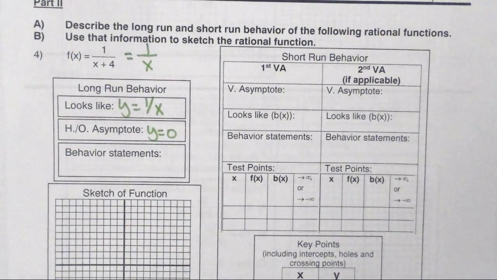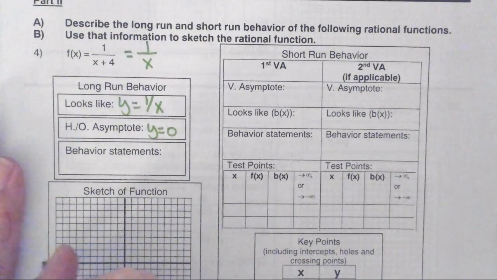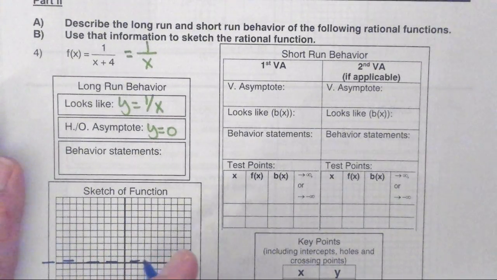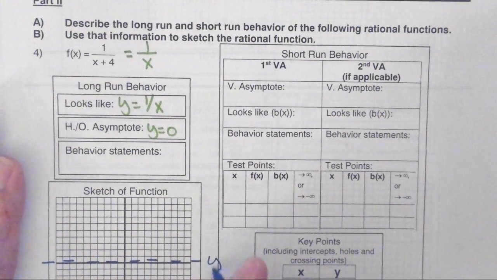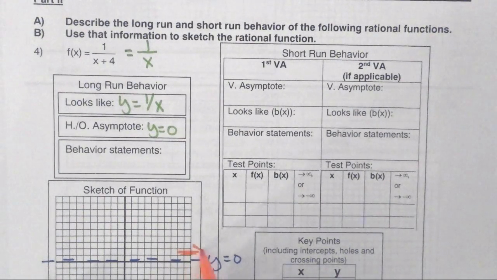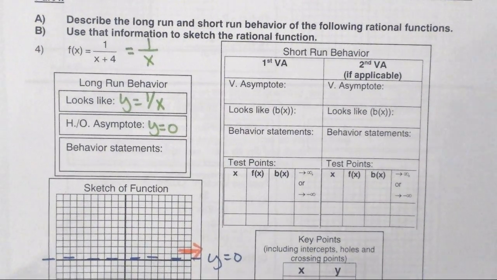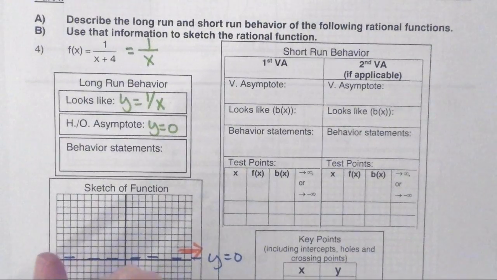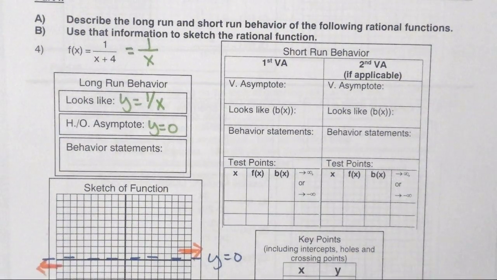So we're going to graph my horizontal asymptote at y equals 0. And because it's going to behave like 1 over x, on the right side of 0, I'm going to be above the asymptote. And on the left side of 0, I'm going to be below the asymptote.